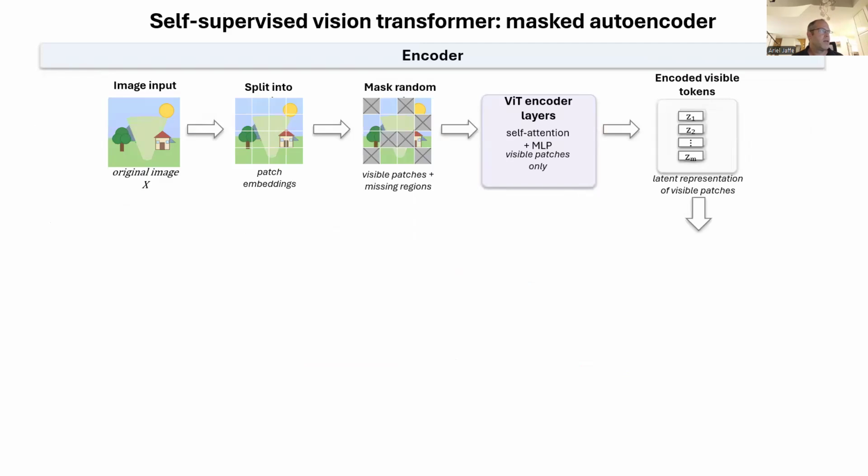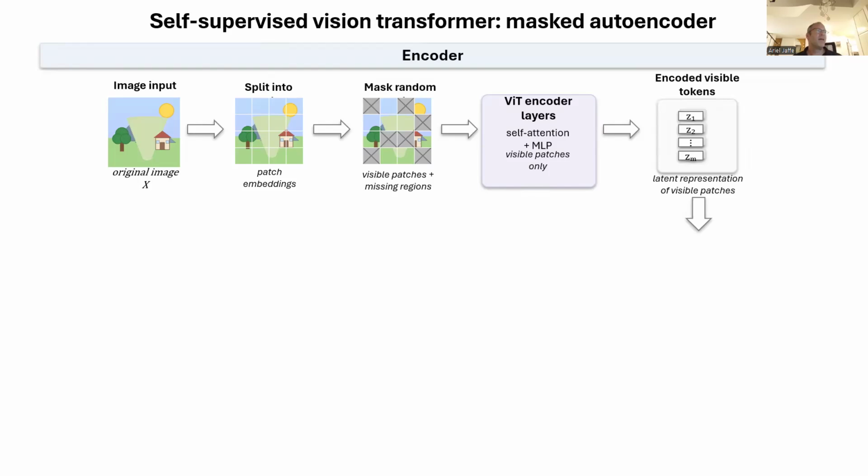Let's look at an example of a vision transformer. Here we have an image as the input, and as we said, the tokens are different patches of this image.